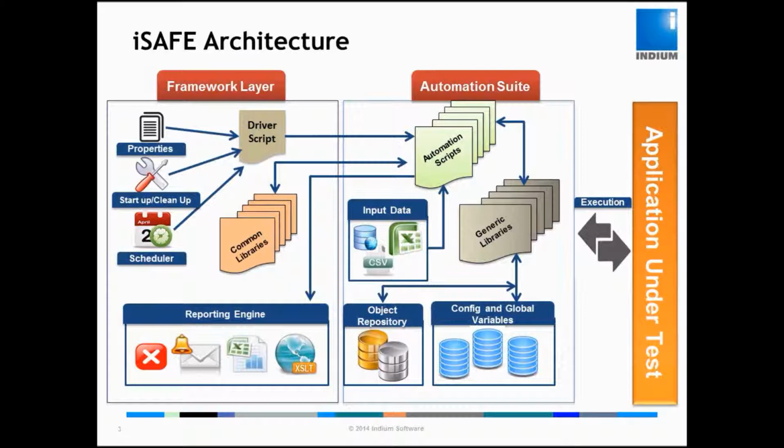So we separate out the UI components and store them in the object repository. And the generic libraries pick up the object from the object repository, and we create some keywords which are used in our automation scripts.